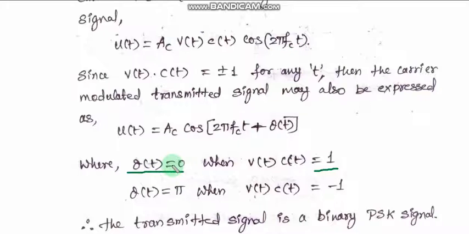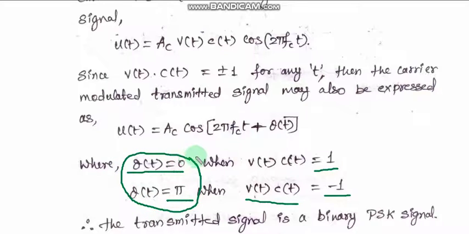When the multiplication results in minus 1, theta of t will be equal to pi. So the change in phase is 0 and pi, binary PSK. Therefore we are proving that the transmitted signal U of t, the spread signal, is the PSK signal.